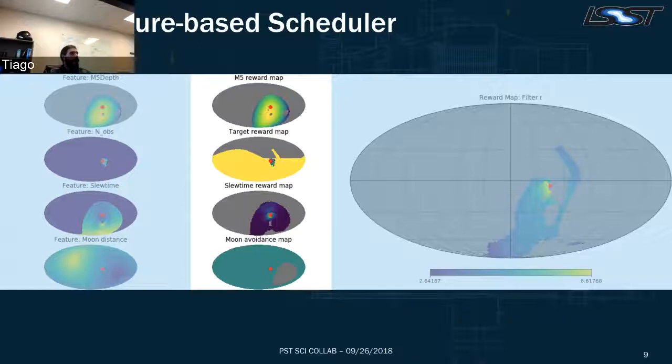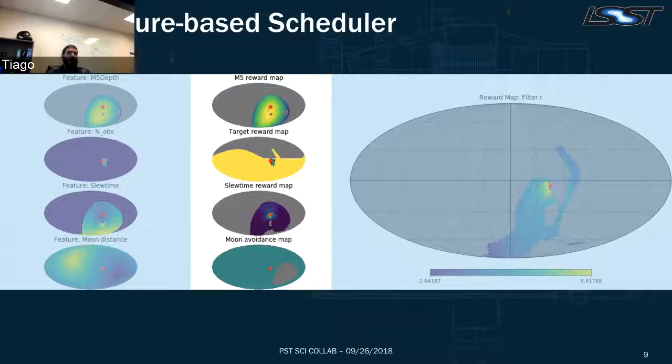And then if you see the moon avoidance region, it's basically the same reward everywhere except when you're close to the moon. What we want to do here is prevent the scheduler from going close to the moon. But notice that the M5 reward map also has this kind of measured as well.